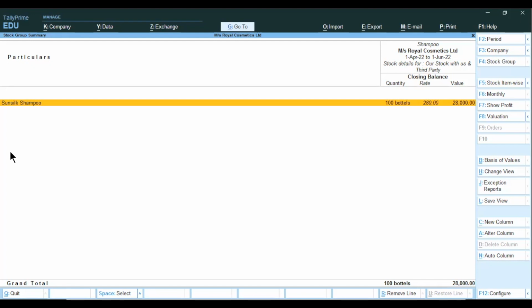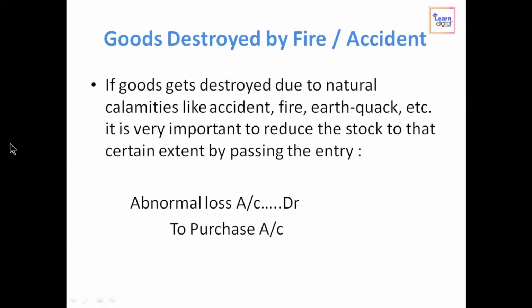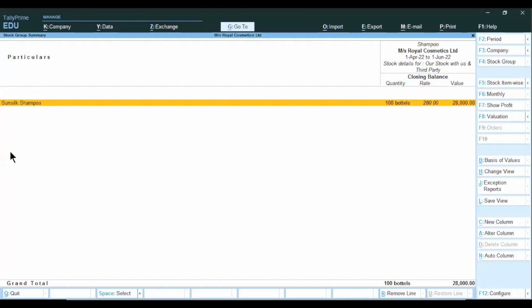So any reason for the loss that we need to bear can be adjusted by using abnormal loss account debit to purchase account. So suppose 25 bottles destroyed due to natural calamity of fire. The rate was 280 rupees per bottle and 25 bottles were destroyed.